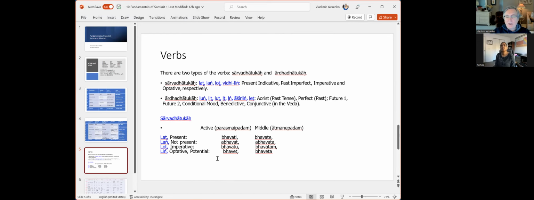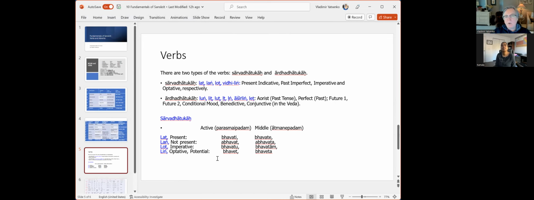And finally, potential mood or optative is including all possible modalities. Modalities such as you should, you must, you can, you could, would, and so on.